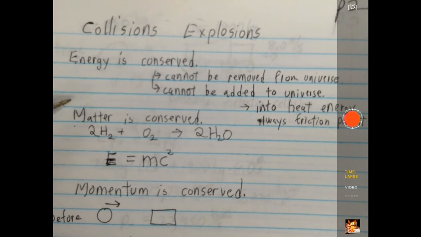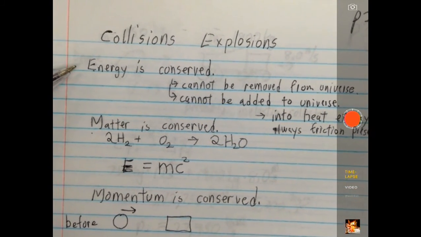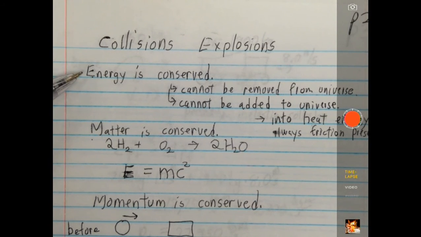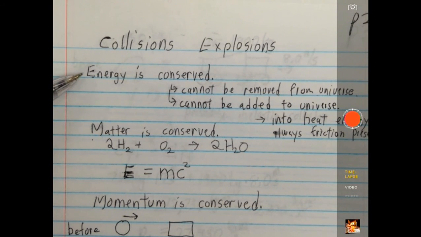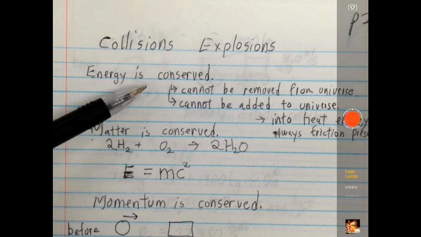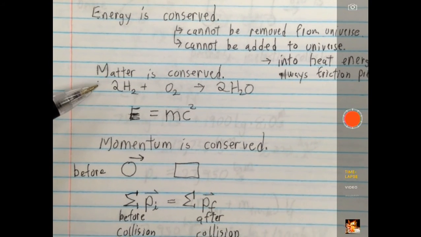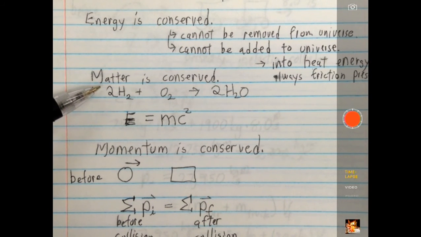What I will mention is that one of the fundamental principles in physics is that energy is conserved, meaning we can't add it to the universe, we can't remove it from the universe. From chemistry class, you had matter is conserved. You use that whenever you balance chemical reactions.